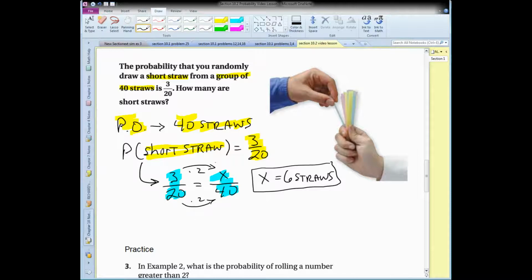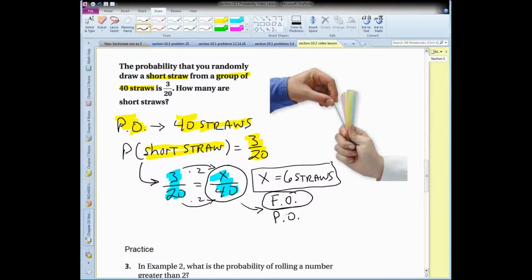On the other side, I set up this ratio, which is my favorable outcomes over my possible outcomes. Remember, there are 40 straws, so those are my possible outcomes. I'm looking for the number of short straws, so those are my favorable outcomes.